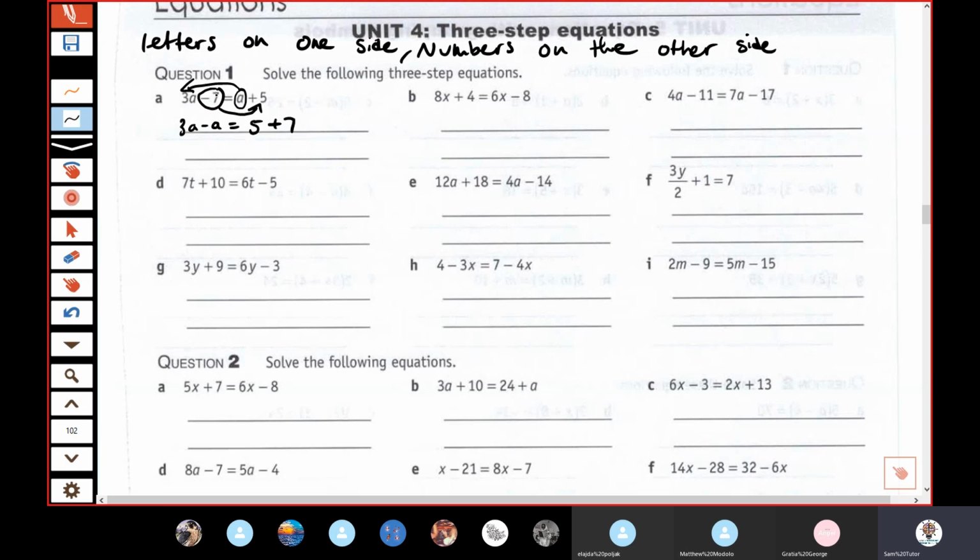That is a negative, so the negative becomes a positive. Right, you're trying to do the opposite to bring it over to the right hand side. So 5 plus 7 becomes 12, and then 3A take away A becomes 2A. 3 apples minus an apple is 2 apples. That's what we started with at the beginning of the sum. And then here, last one, you've got to divide both sides by 2.